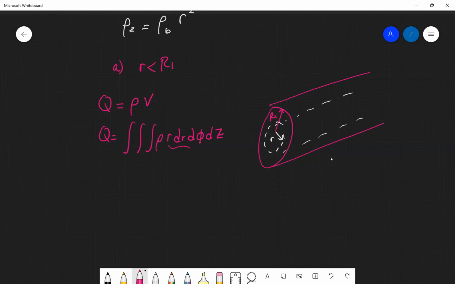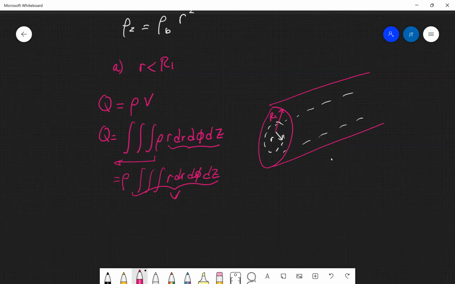This is the volume element in 3 dimensions, and here's rho. One integral will be for r, one for phi, one for z. So it all depends on rho, whether it's a function of r, phi, or z. We manipulate this integral. Now, if rho is constant, rho comes out, and only if it's constant. And we'll have this triple integral of r dr d phi dz. And what is this? Just the volume of a cylinder.